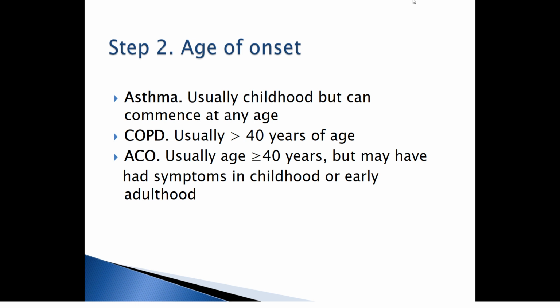ACO, we are speaking about the most typical picture, but anything can happen in real life. In asthma COPD overlap, usually age over 40, because two diseases together may develop when they can both develop, and COPD develops mostly after 40. So ACO also after 40, but may have had symptoms in childhood or early adulthood.